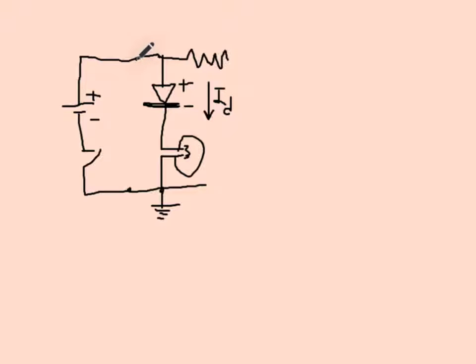Maybe you're gonna put also here another resistance, and this will be attached to a capacitor. So here is the capacitor C, and we're gonna attach the other part of the capacitor to the ground.